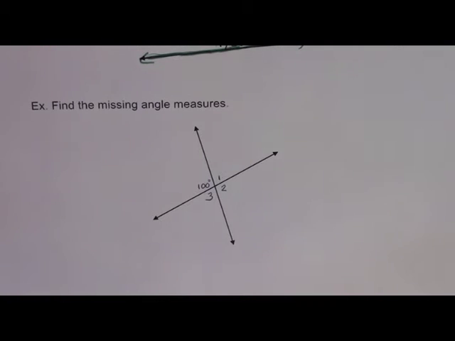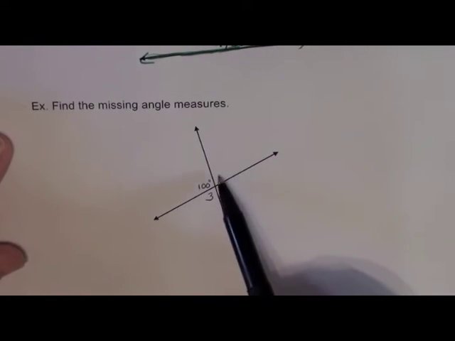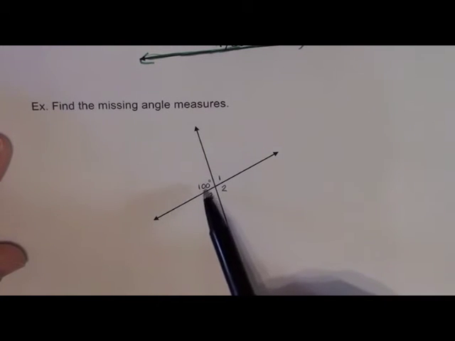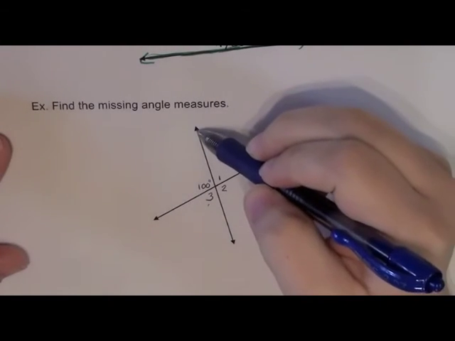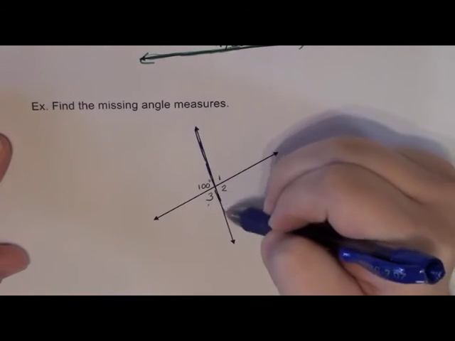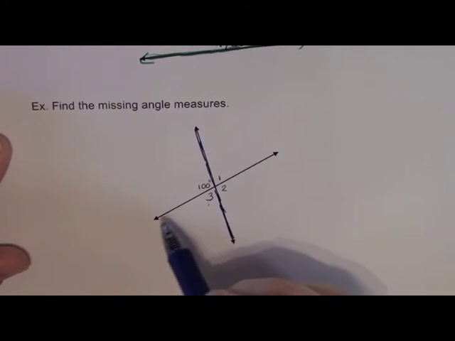Now the second picture, find the missing angle measures. Here we have three angles. We have angle 1, angle 2, and angle 3, and we have a 100 degrees. So a couple of different things are going on here. The first thing I see is that we have an X right here down the middle.